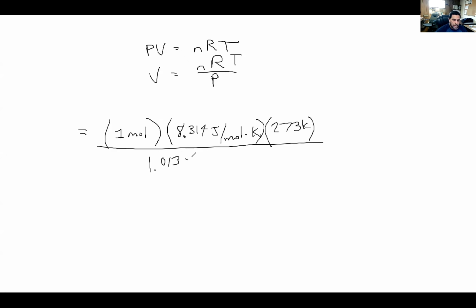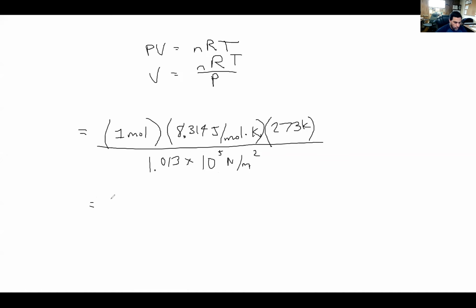So on the previous slide, it should be 1.013 times 10 to the 5th, right? The times 10 to the 5th is missing. So it should be 1.013 times 10 to the 5th Newton per meter squared. Okay.